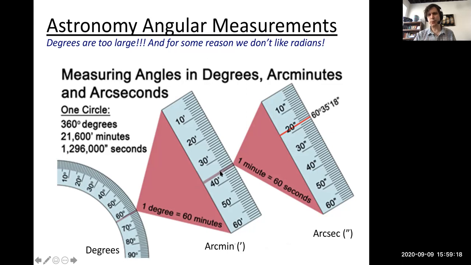So we would take this 1 arc minute between 35 and 36, break that into 60 arc seconds, and then count off how many arc seconds. So the very, very precise location of this red line would be at 60 degrees, 35 arc minutes, 18 arc seconds. You could turn that into decimal degrees if you wanted to, but this shows you that in 1 degree you have 60 arc minutes, and in 1 arc minute you have 60 arc seconds.